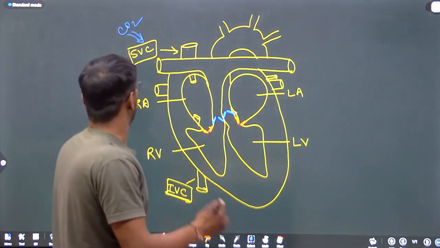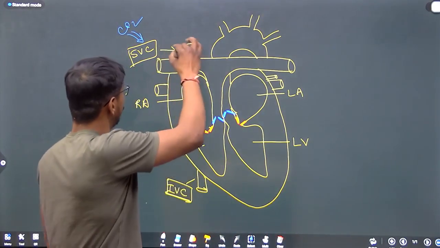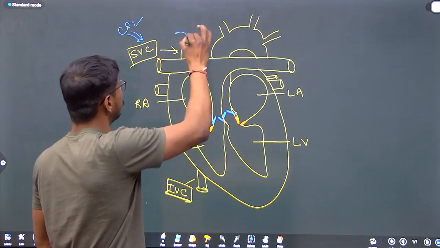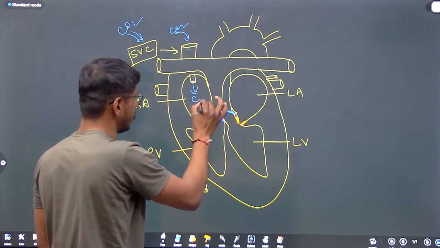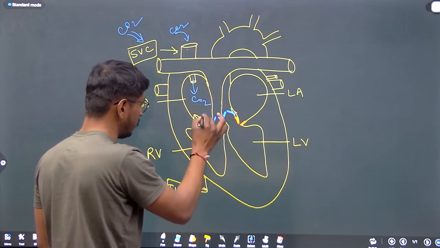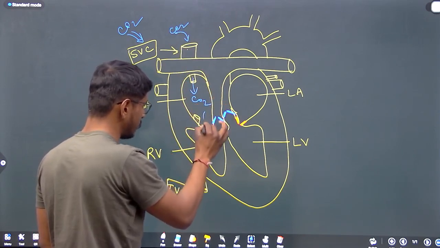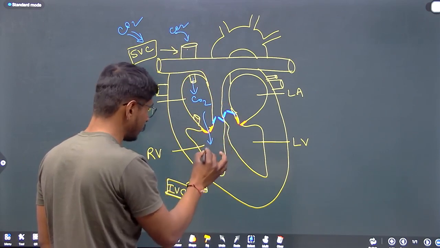So this CO2-containing blood reaches the right atrium, and from here it enters the right ventricle.